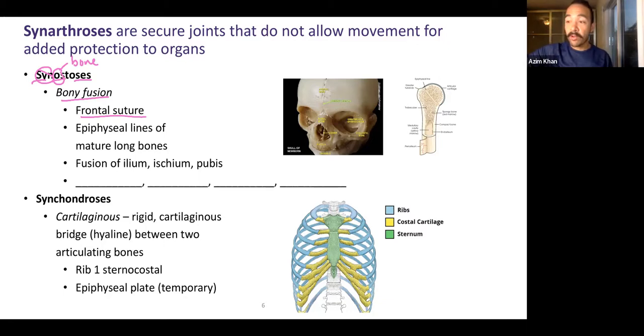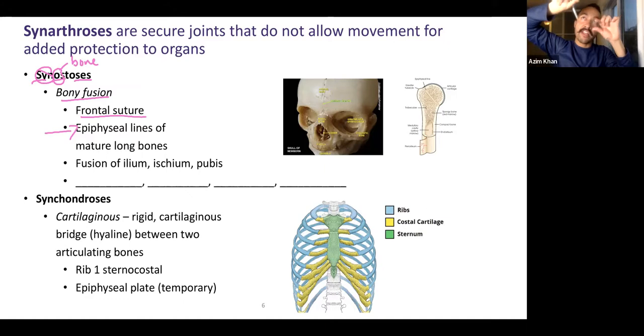Remember when we learned about bone growth, when we learned about osteogenesis? Is that the word I use? Ossification. Remember when we learned about ossification? When we had epiphyseal plates, you have basically three separate bones on a long bone. You got the epiphysis, diaphysis, and epiphysis, and then the plates within the metaphysis, which are cartilage.